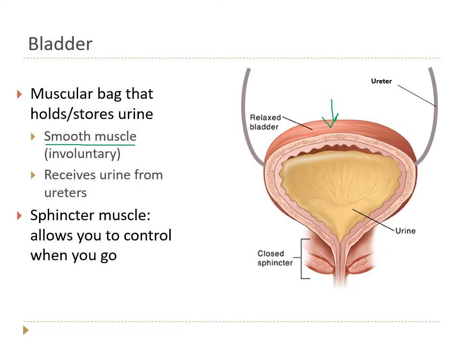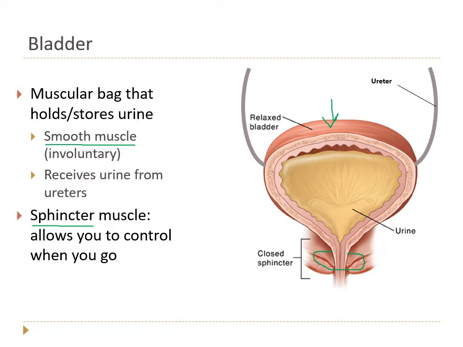Now, smooth muscle is involuntary, but thankfully we have a sphincter muscle that surrounds the urethra here that allows us to control whether or not we actually urinate. So the sphincter muscle in this case is under voluntary control. This is different from the sphincter muscles we learned about in the stomach, like the lower esophageal sphincter and the pyloric sphincter.